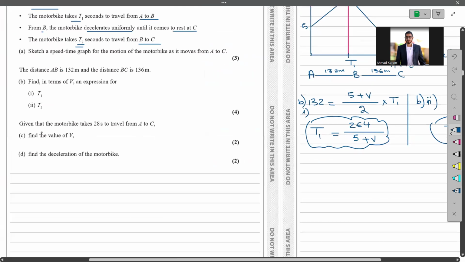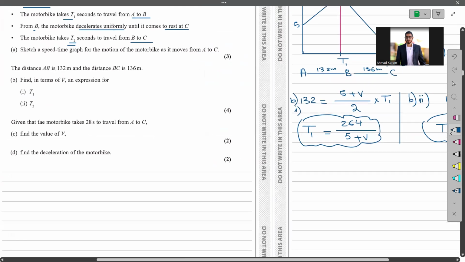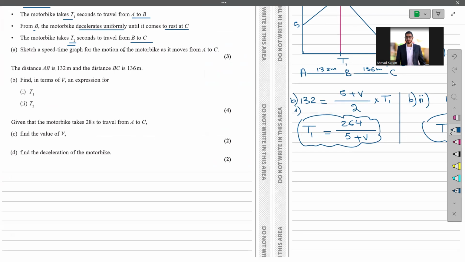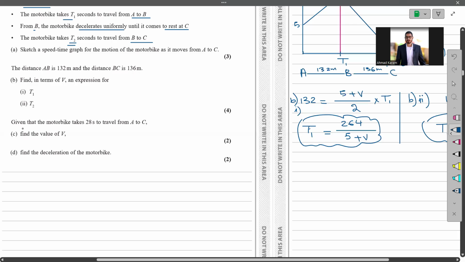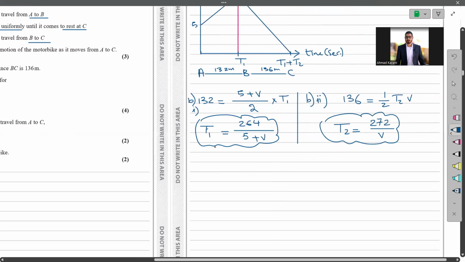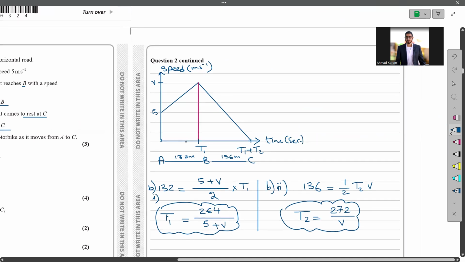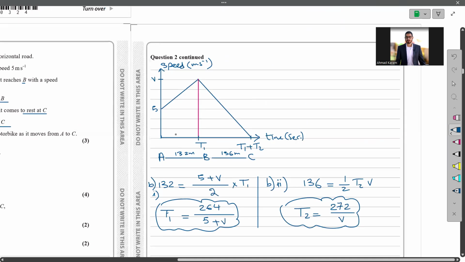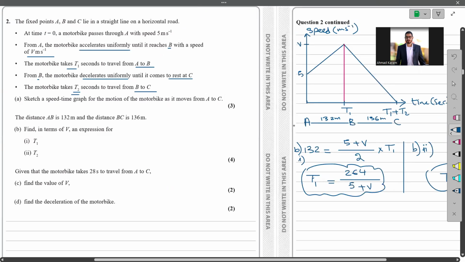The third part, c: given that the motorbike takes 28 seconds to travel from A to C, find the value of V. We have here the total time is 28 seconds.